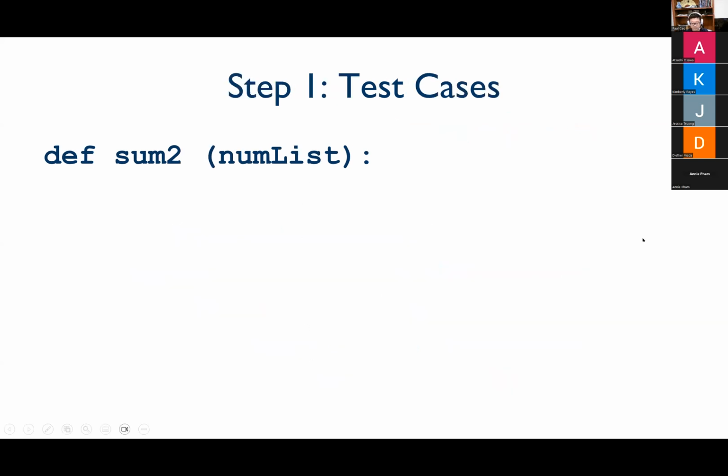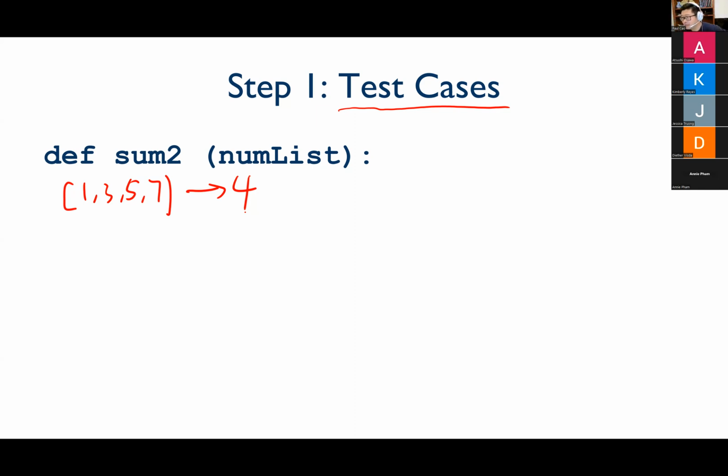You can come up with test cases for yourself. Okay. So for example, if I say 1, 3, 5, 7, I'm expecting a 4. I add up the two things. If you can come up with these tests, it means you understand the problem.